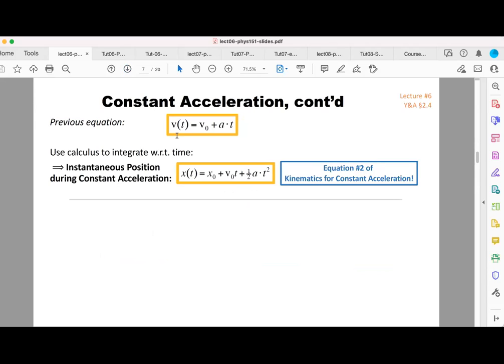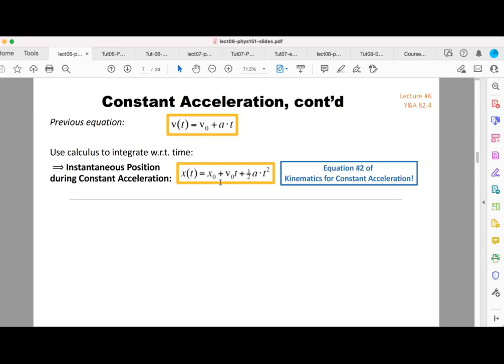So this is the equation that we just said. If we want to calculate, instead of the velocity at that particular time, the position at that precise time, then the position is equal to the initial position x naught, which might be the origin, as we saw in the previous example. In that case it will be 0, but it could also be something positive or something negative, right?